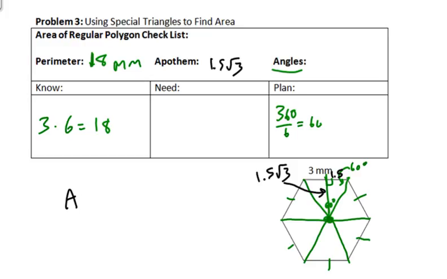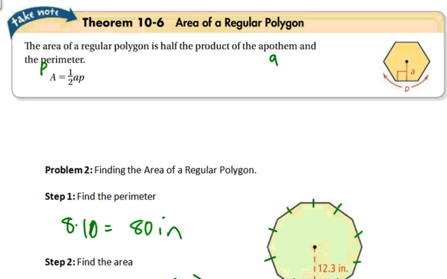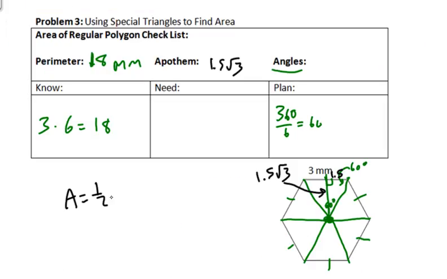So the area would be 1/2 the apothem times the perimeter. So 1/2 times 1.5 square roots of 3 times 18.